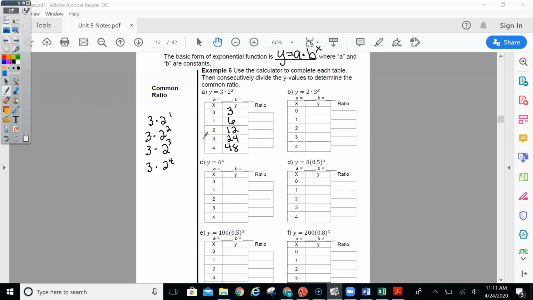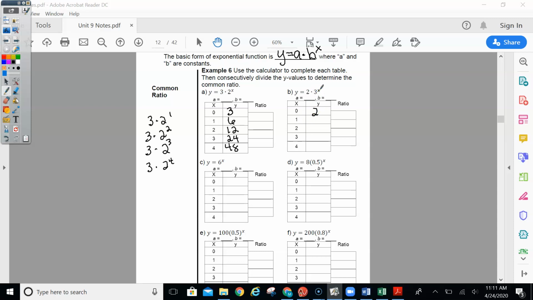So here we're just going to identify the a and the b values and see if we can figure out what the pattern is. Actually, let me just come over here and do all the ones I can do by hand, and then I'll do all the calculator ones, and then we'll try to see the pattern. If I plug in 0, that's a 1 times 2 is 2.